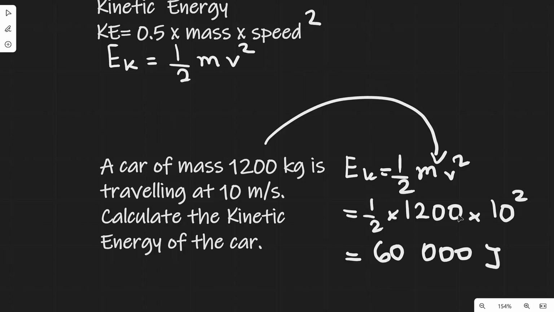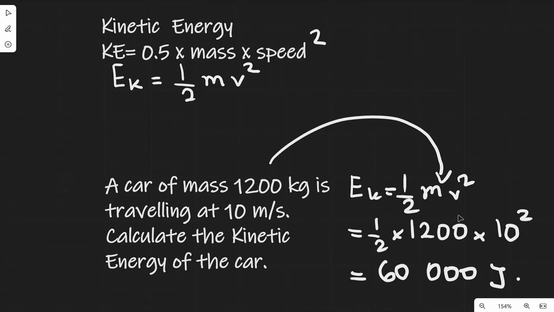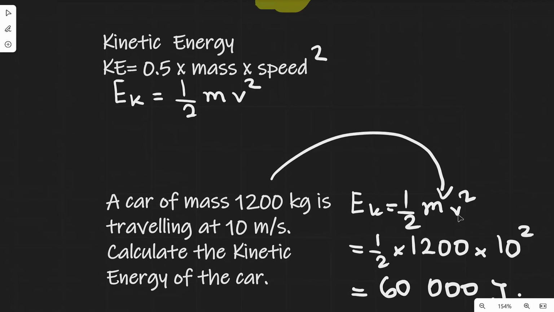60,000 joules. Now let's talk a little bit about the units of the previous equation as well. So kinetic energy, because energy is measured in joules, then this guy here, the kinetic energy, will be measured in joules. The half has no units.